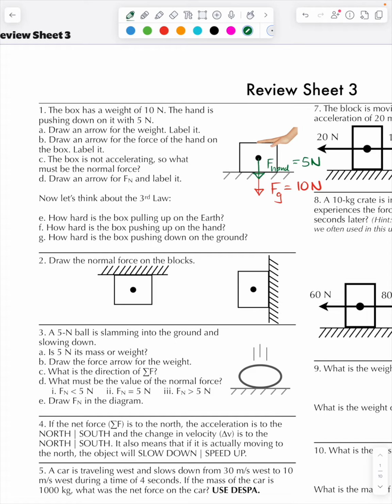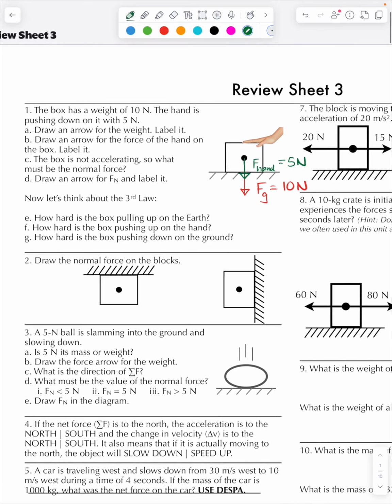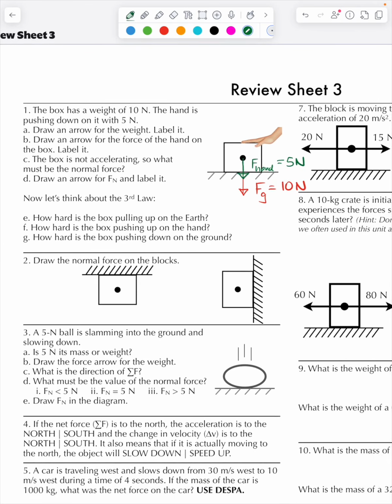C: the box is not accelerating, so what must be the normal force? Well, I'm going to back up a little bit, because there's something important that comes up frequently when we deal with forces. Remember that the symbol for net force is sigma F. When the net force is 0, meaning all the forces cancel each other on the object, the first thing you should think of is that velocity is constant.